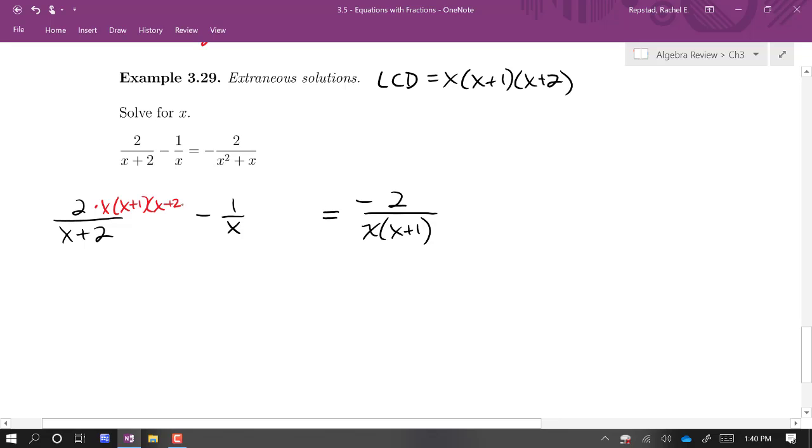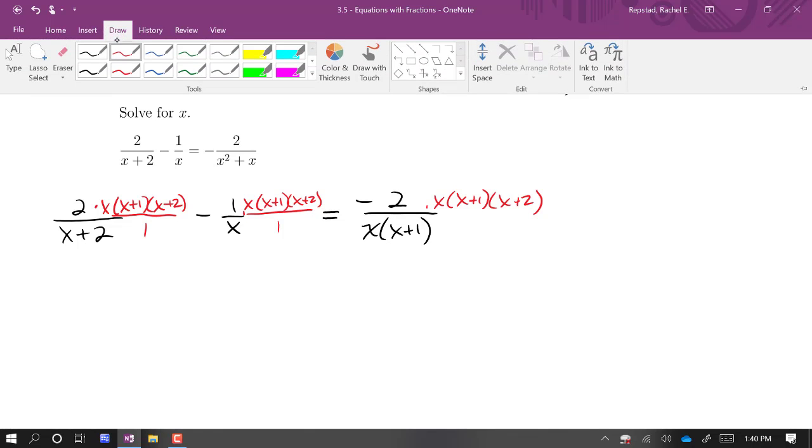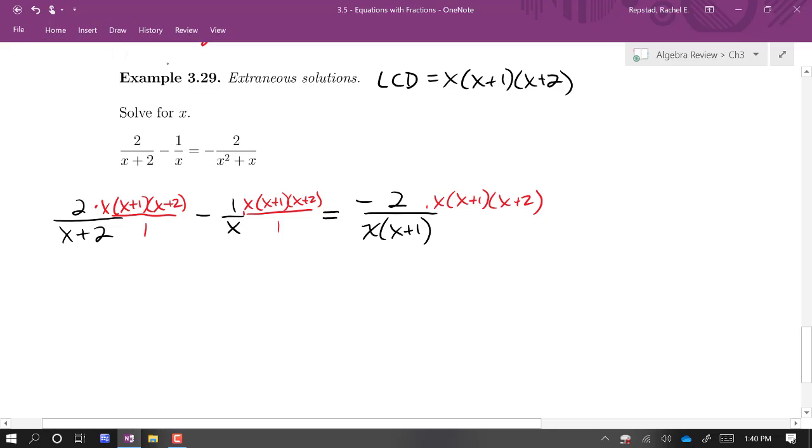Every term's going to get zapped with the LCD. And now we're going to do the canceling we can do and see what we're left with.